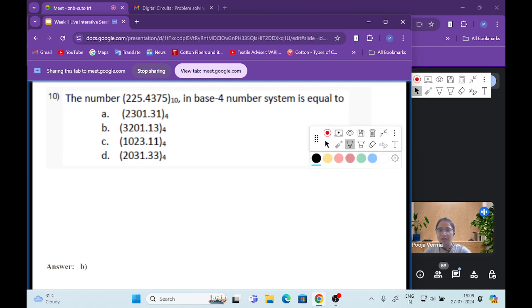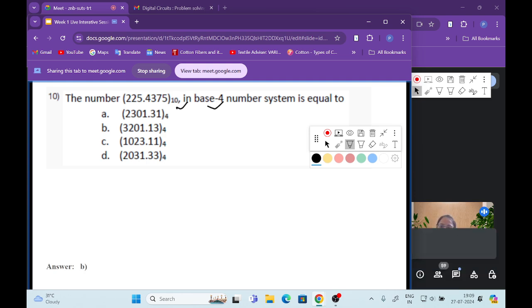So next question is the number 25.4375. It is a decimal number, base is 10. Convert it to the base 4 number system. How will you convert the decimal number into base 4? Now what you need to do?